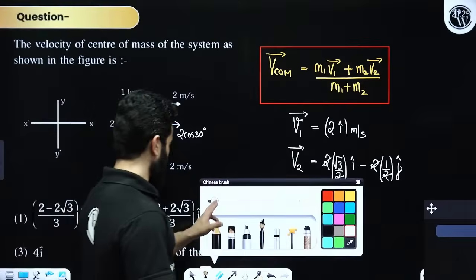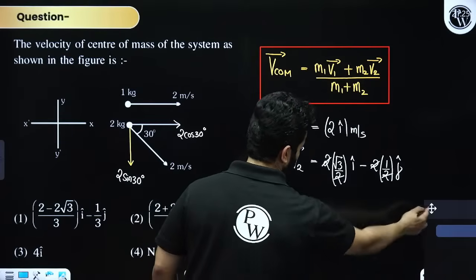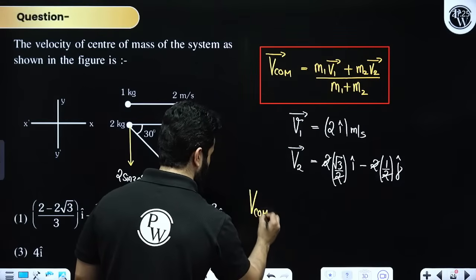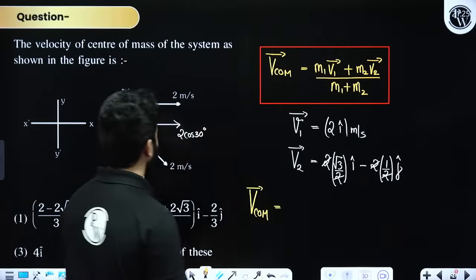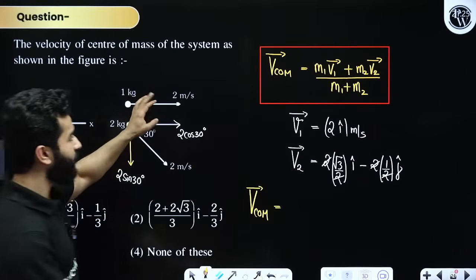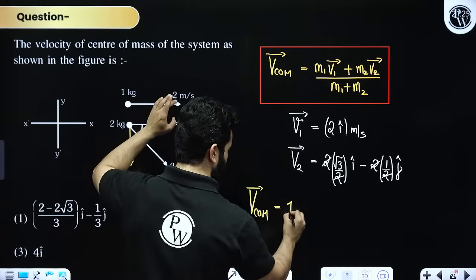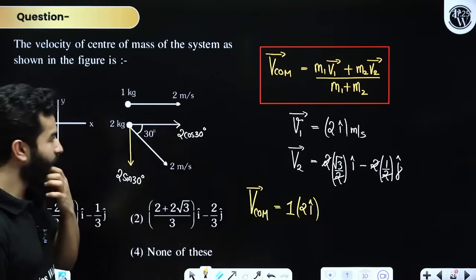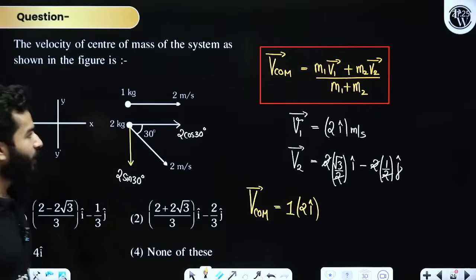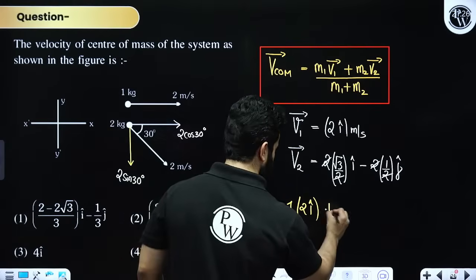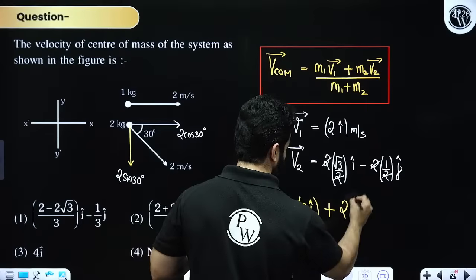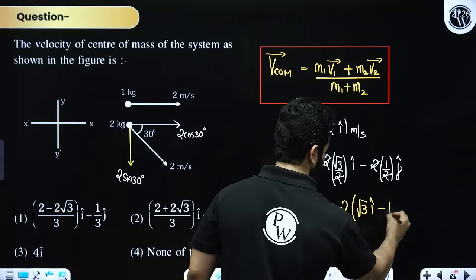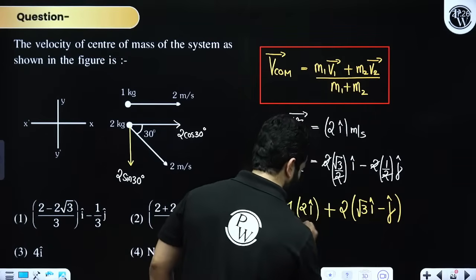Now, friends, let's substitute it in our formula. So we'll get v COM in vector form, and M1 has mass 1 kg, so 1 multiplied by 2 i cap, plus M2 is 2 kg and v2 is root 3 i cap minus j cap, whole divided by 3.